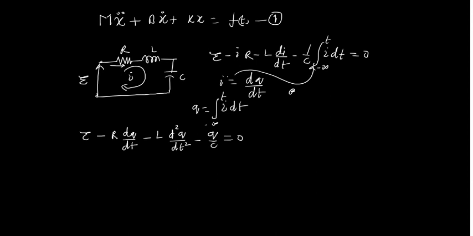I think by this time you would have got what I am willing to do. Now we are rearranging this equation as L d2q over dt square plus R dq over dt plus 1 by C q equal to this back EMF. So do you find some similarity between the two systems, two equations?